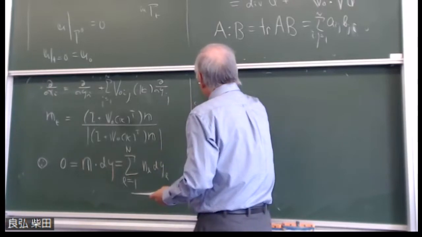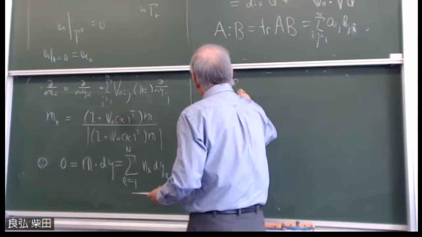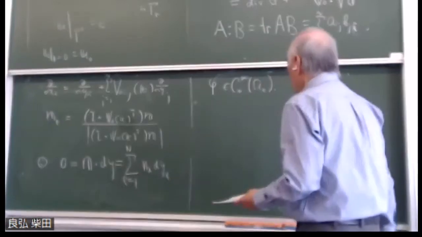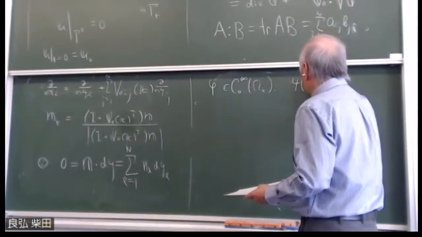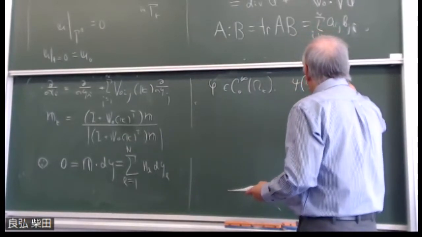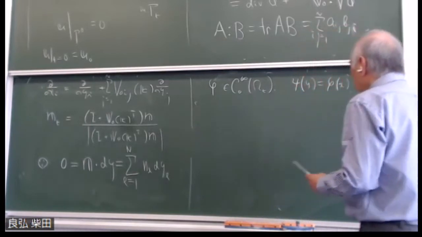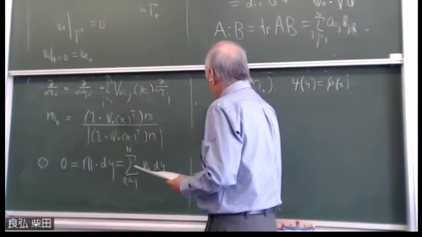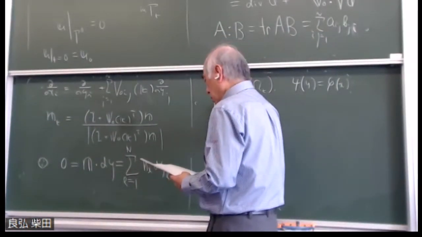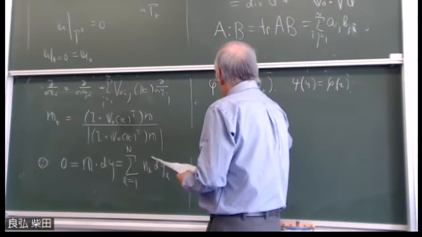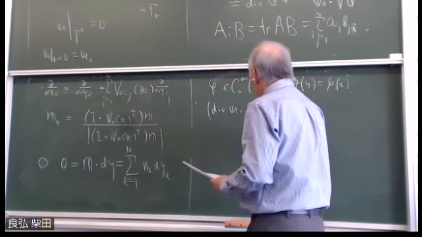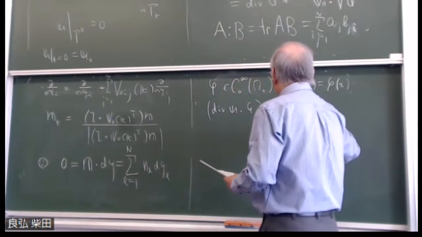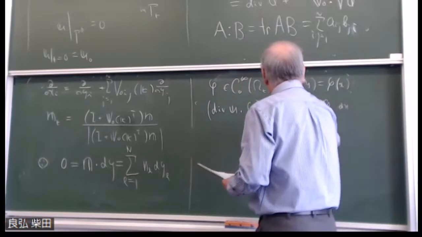Okay, so another way is to take a test function psi in C0 infinity of omega t, and then we consider this inner product on omega t, u with the gradient of phi, dx over omega t.